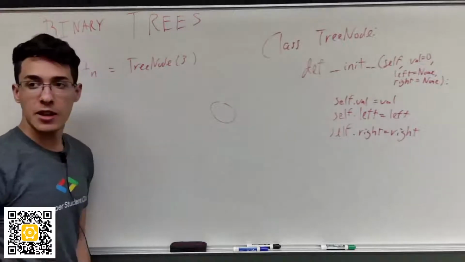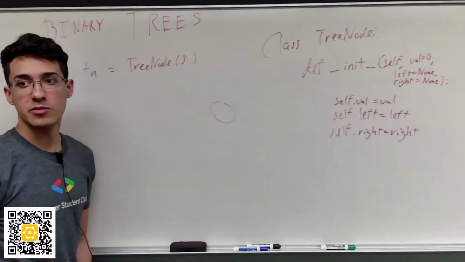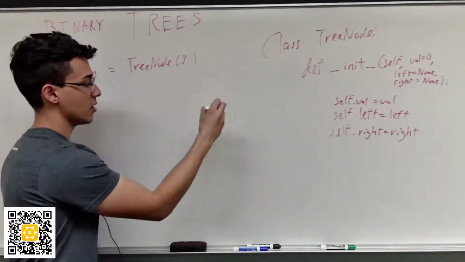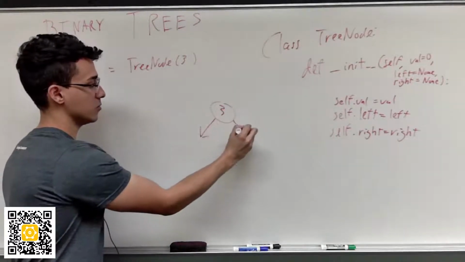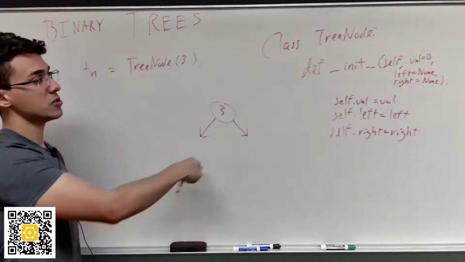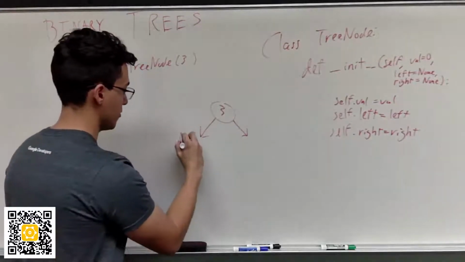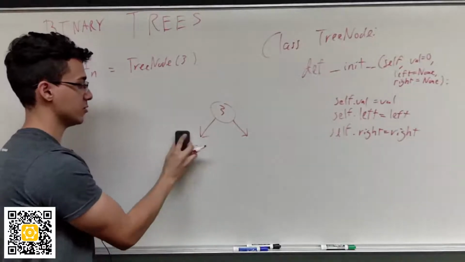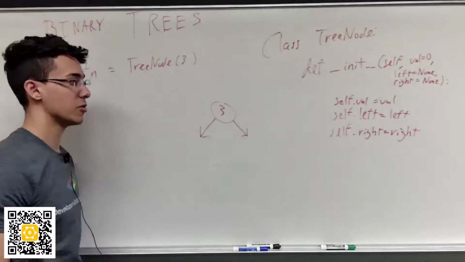And what are the attributes of this tree node? 3, None, None. So the left child by default is None, so I don't really have to write it, just empty. And the right is also None, so it's empty.